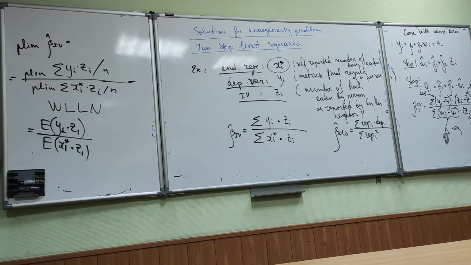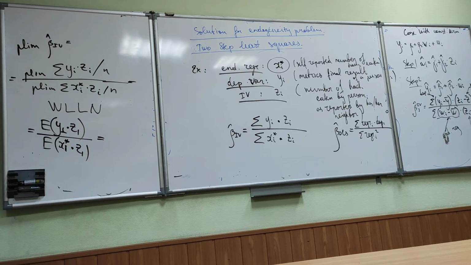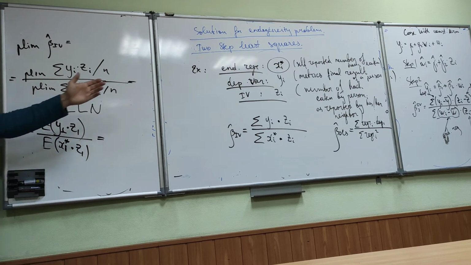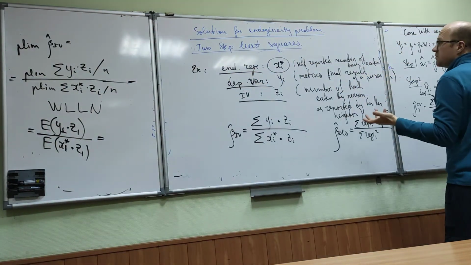Now let's plug in everything, and magic! It would be beta. So the problem with this method is not to apply the formula. The problem is to find such a magic variable.